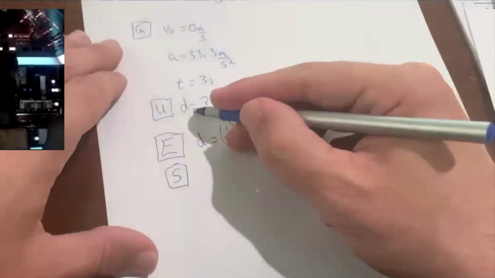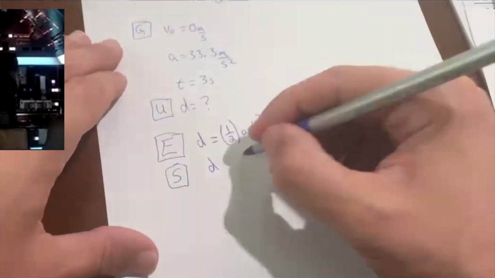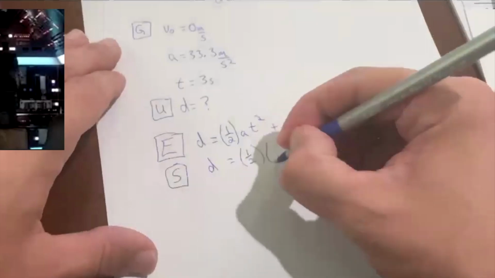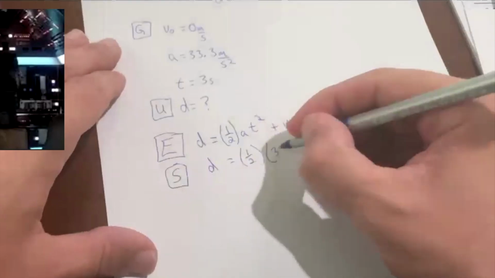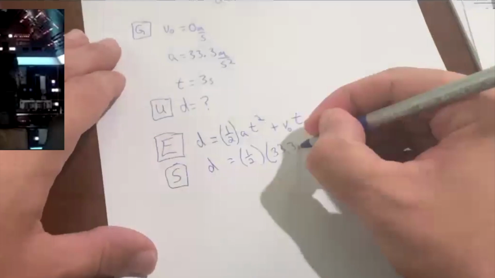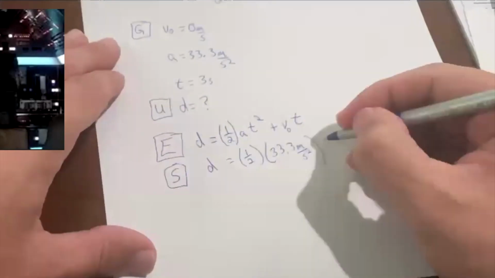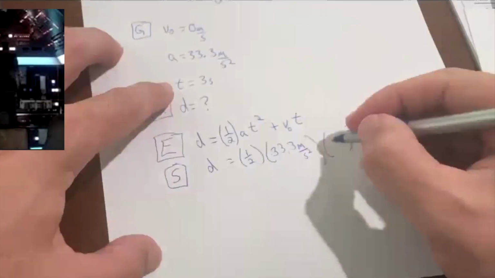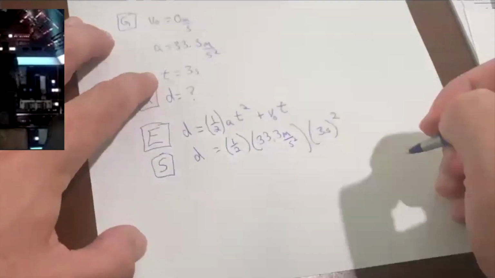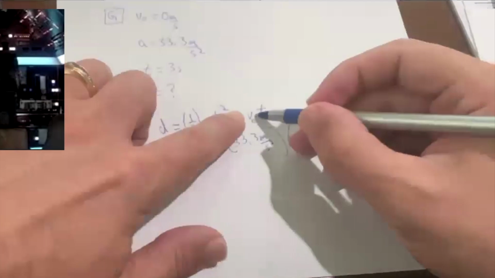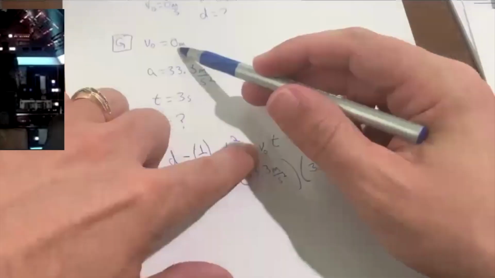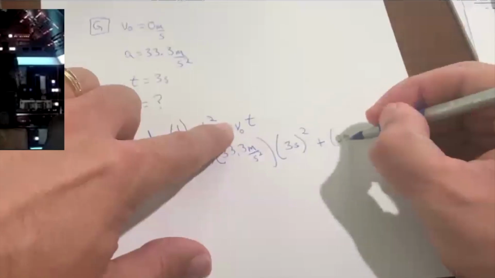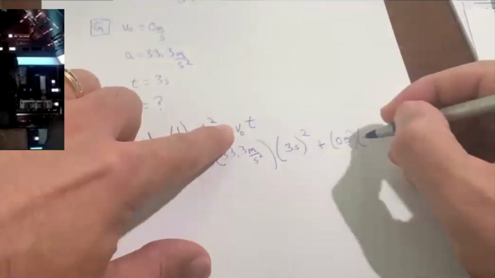No, I do not. So the distance is D. The half stays in parentheses, and now I'm going to put my acceleration in parentheses, 33.3 meters per second squared times my time squared, which is 3 seconds, plus V naught, which is 0 meters per second, times a time of 3 seconds.